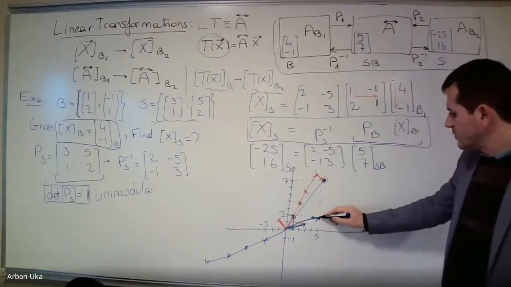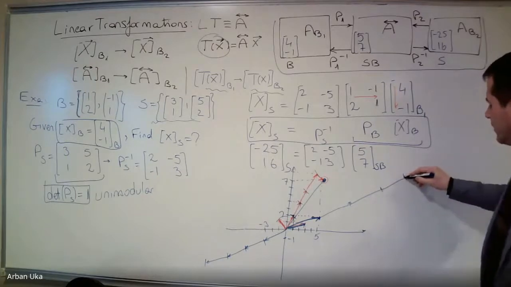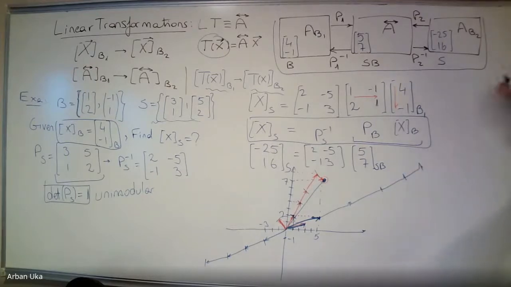So we have to have 16 points like this, which goes like 1, 2, 3, 4, 5, and 16 units.